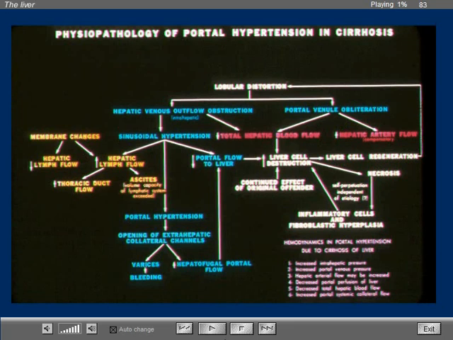In the physiopathology of portal hypertension due to liver cirrhosis, we mentioned that the increased resistance to the transhepatic portal flow, due primarily to sinusoidal and post-sinusoidal obstruction, is the major mechanism. However, when the spleen enlarges considerably, there is increased portal flow coming primarily from the spleen.